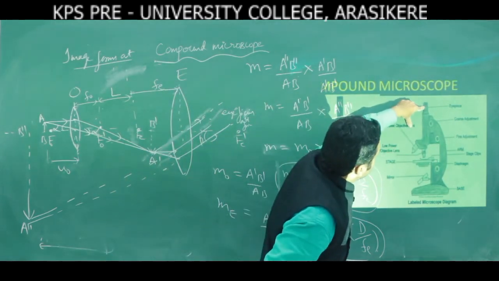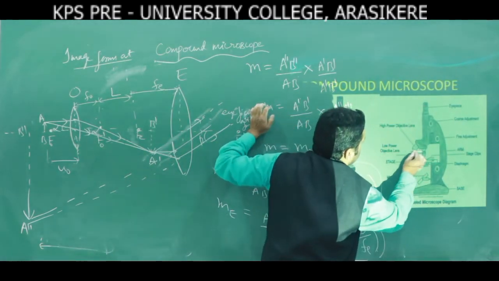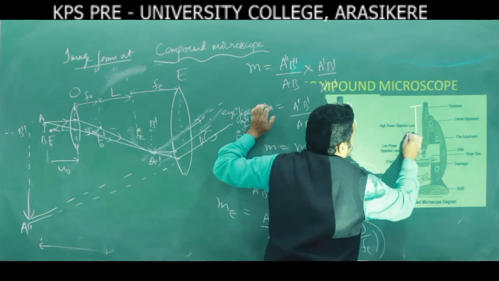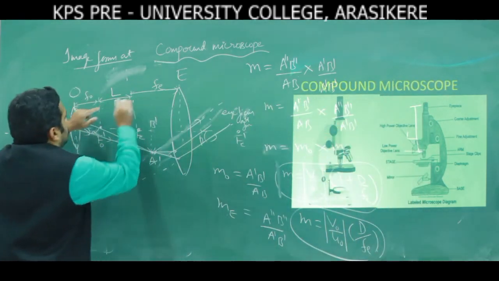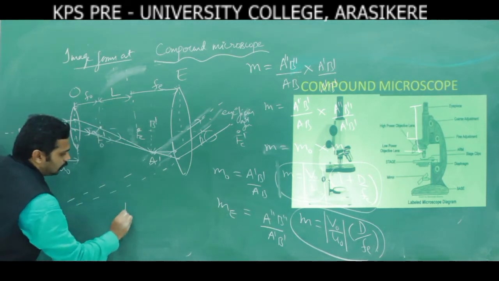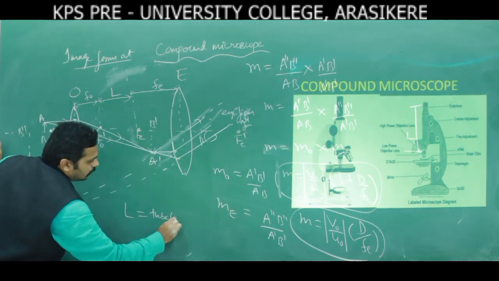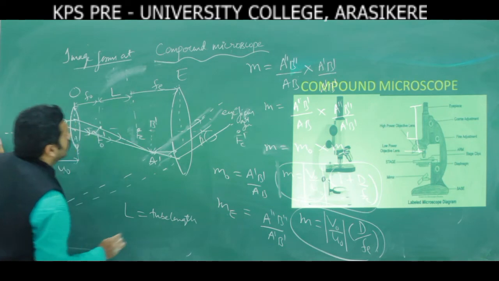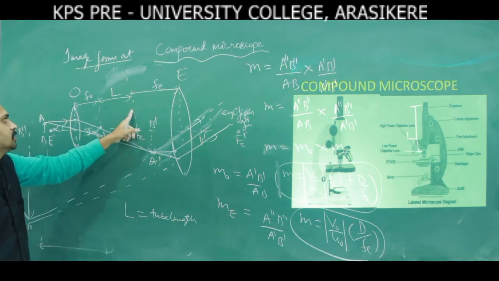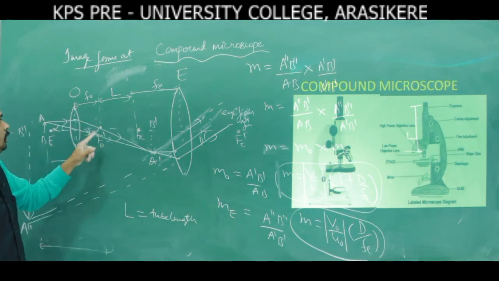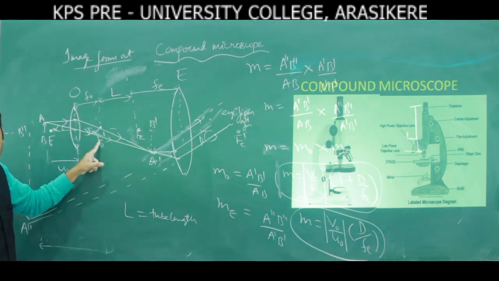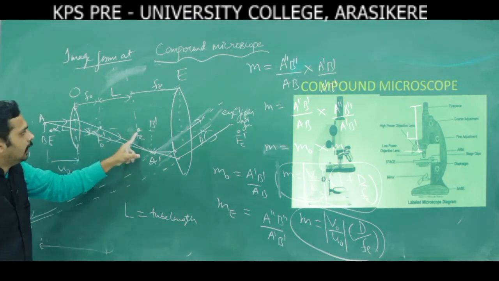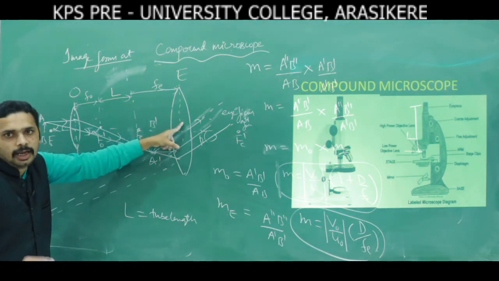Look at here, the tube length. This is the eyepiece lens. This is the objective lens. From end to end, the tube is there. This is called tube length, L. The tube length is also defined as the distance between the second focus point of the objective lens and the first focus point of the eyepiece lens.